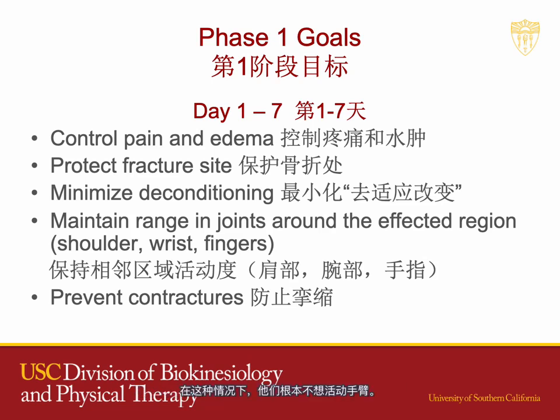And so they're not going to want to move that arm at all, but the shoulder really, really needs good movement during this time. So we're not going to be doing a bunch of, obviously, active range of motion at the elbow, but the shoulder should be moving. We know that adhesive capsulitis or some sort of issue with range of motion at the shoulder can happen within 2 to 3 or 4 weeks.